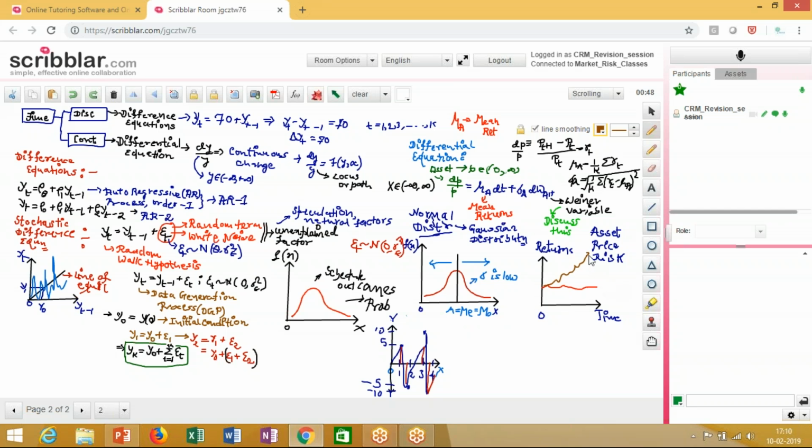But after a point of time, where does the risk occur? As the asset prices keep on increasing like this, after a point of time, the price falls. Bang. The asset price just crashes, and then it becomes something like this, and it even goes downwards. So what it shows is that the asset prices have increased, and then it just crashed.